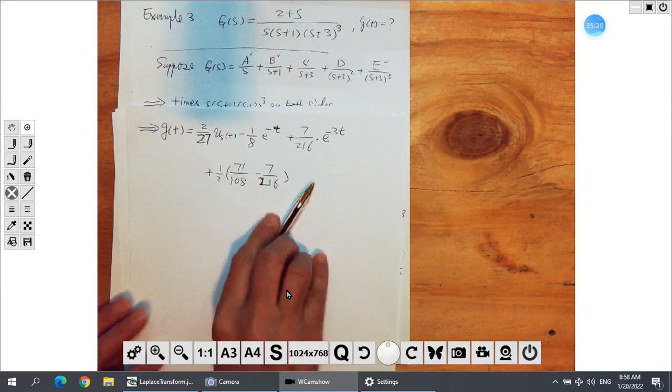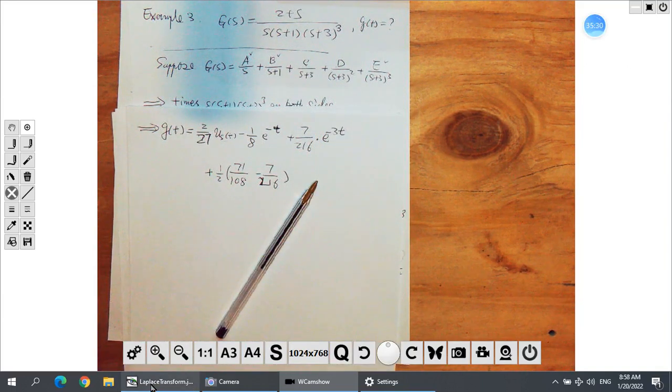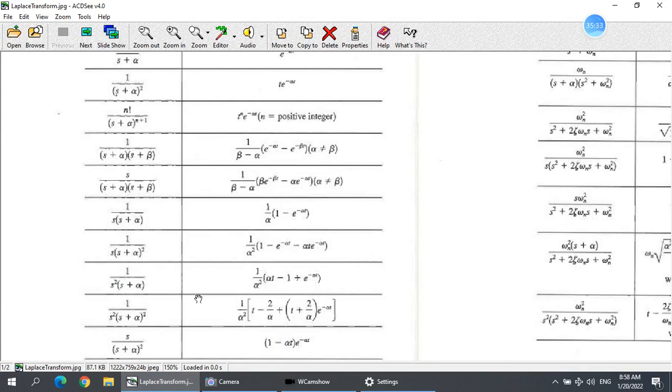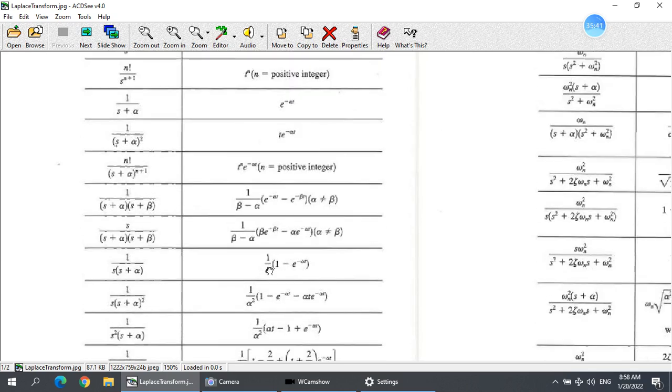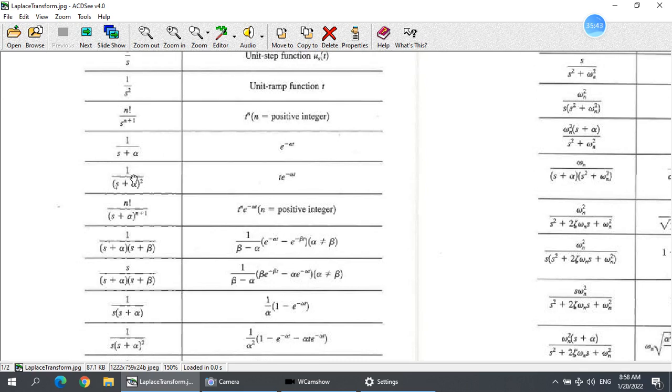So what is it? We check the table. We have this in the table, s plus a with square. It's here. This one is t times e to the negative alpha t, which corresponds to 1 over s plus alpha squared.